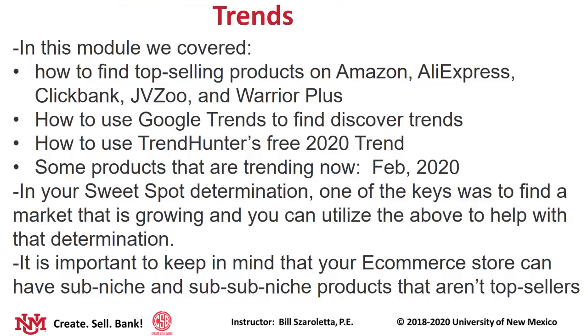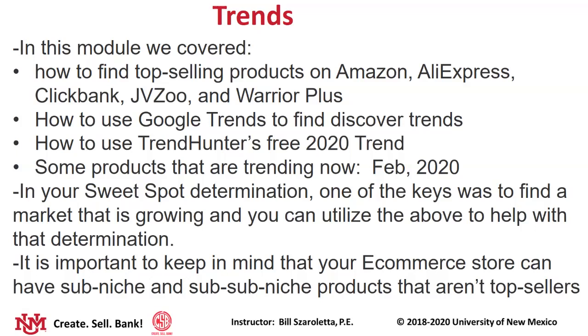So what we've done in this module is we've reviewed finding top selling products on Amazon, AliExpress, ClickBank, JVZoo, and Warrior Plus, in saying that you can go search those and find the top selling products. We looked at Google Trends and how to use that.